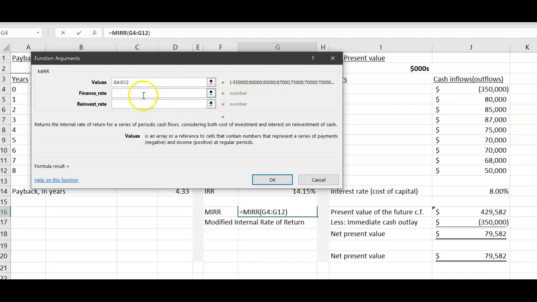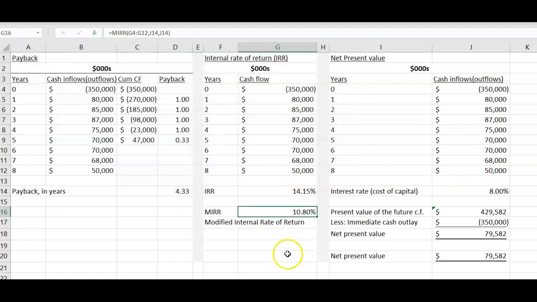And then it says, well, what's the financing rate and investment rate? And if you're not given specific differences, or you don't know them, the cost of capital or the discount rate or the interest rate is what you should use. So we'll put in 8% for both. And now you'll see we come up with a different number that's much lower.